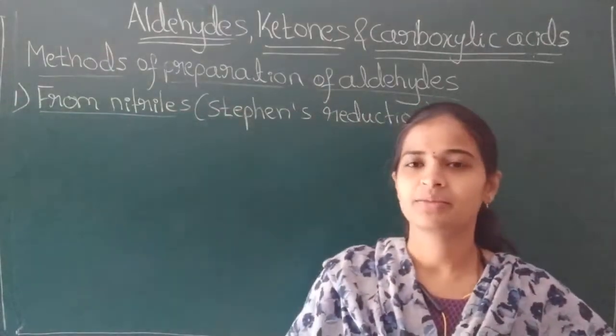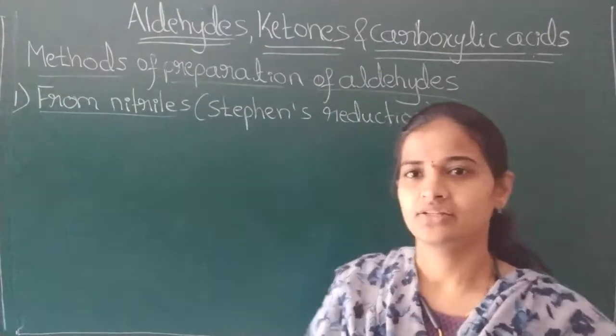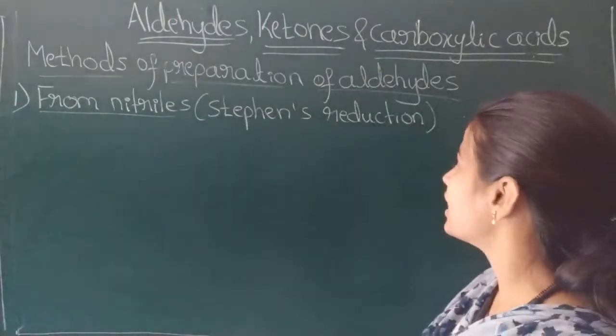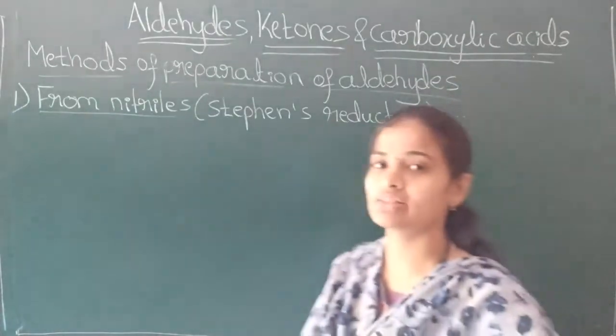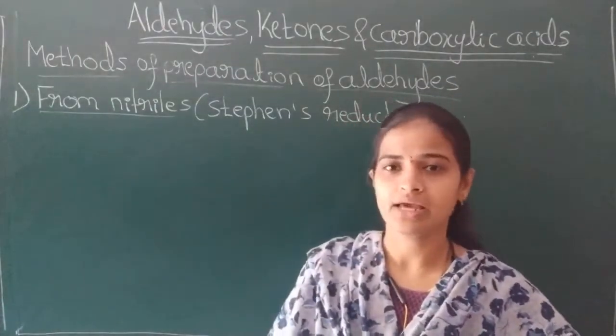Hello students, in the previous class we started the new chapters of organic chemistry, that is aldehydes, ketones and carboxylic acids, where aldehydes and ketones together are called carbonyl compounds.